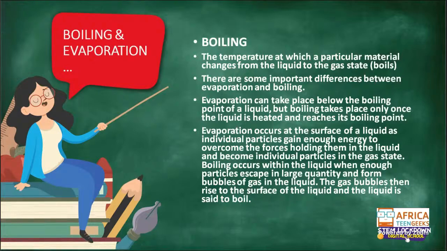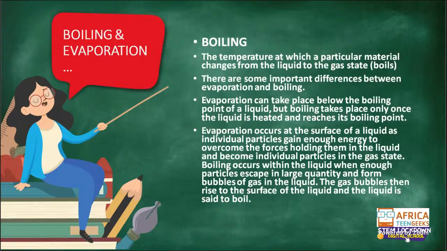Evaporation can take place below the boiling point of a liquid. Evaporation can take place at any time below the boiling point, but boiling takes place only once the liquid is heated and reaches its boiling point. That is a very important difference you have to understand. I repeat the fourth bullet: evaporation can take place below the boiling point of a liquid.